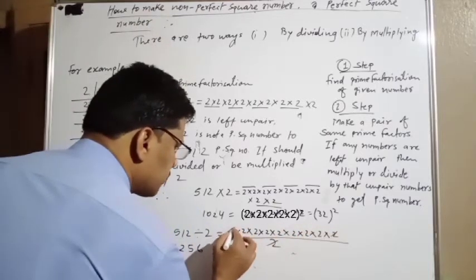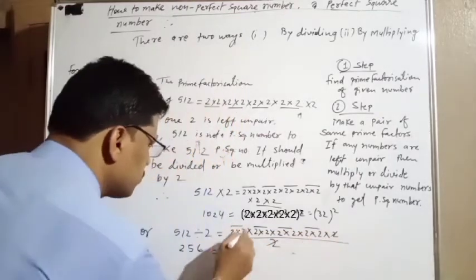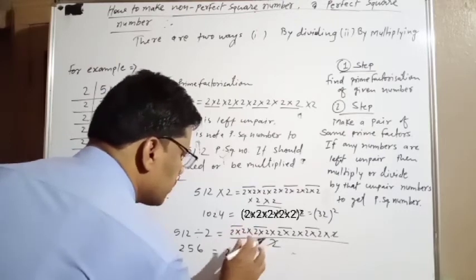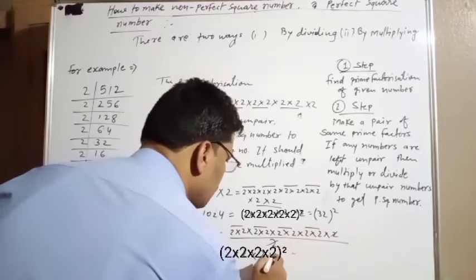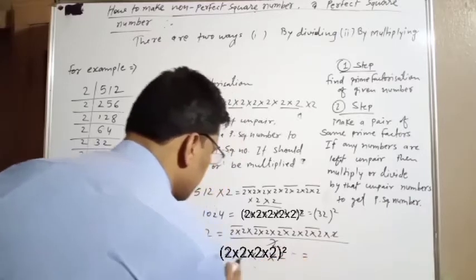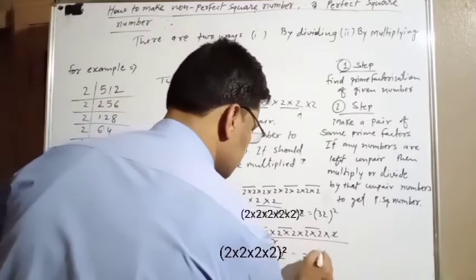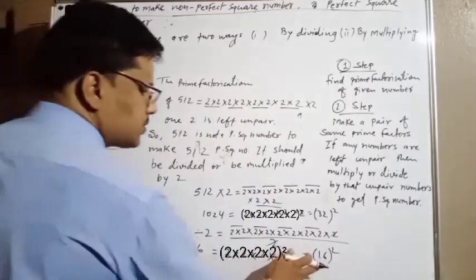So we will get here one pair, look here, 1, 2, 3, 4 pairs. And you can take one 2 from each pair. When you multiply 2 times 2 is 4, 4 times 2 is 8, 8 times 2 is 16. So you can say this is the perfect square of 16.